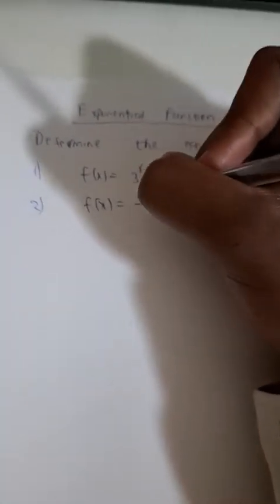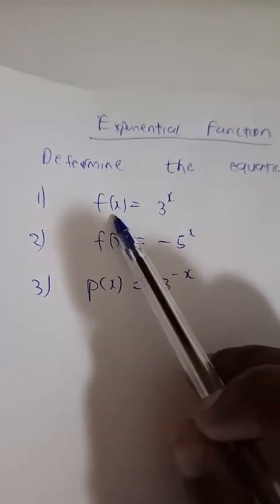Let's look at f of x is equal to 3 to the power x. Then 2, we're going to look at f of x is equal to negative 5 to the power x. And then 3, let's say p of x is equal to 3 to the power negative x. Now guys, like I said to you initially, f of x just means y.